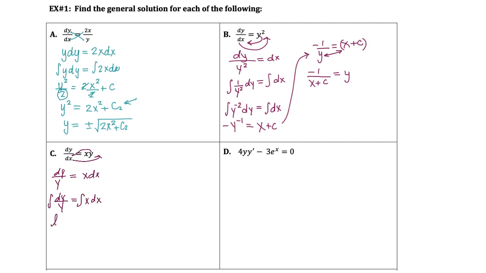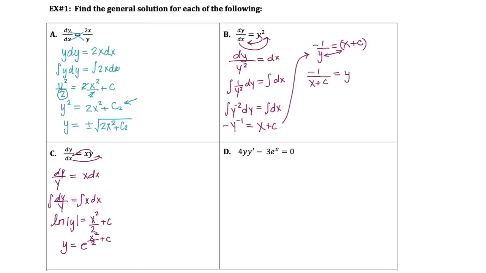And when we do that, we're going to have the natural log, absolute value of y, equals x squared over 2 plus c. And again, if we want to solve for this, we're going to have y equals e raised to all of this other side, x squared over 2 plus c. And that would really be all for that one.